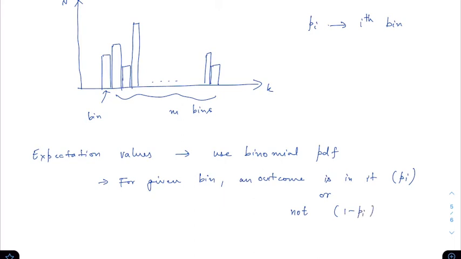Now take note of the fact that 1 minus pi appears as a sum over all the other p's. So now with this assignment of pi and 1 minus pi, we have a simple case of a binomial PDF, or in other words, the marginal PDF of the multinomial is the binomial.